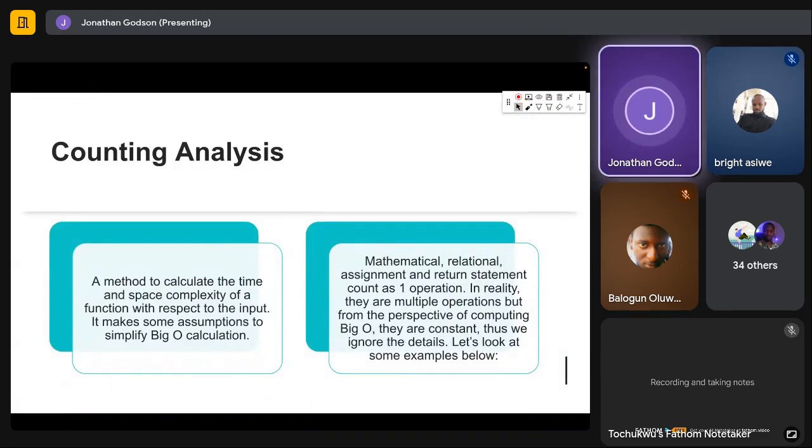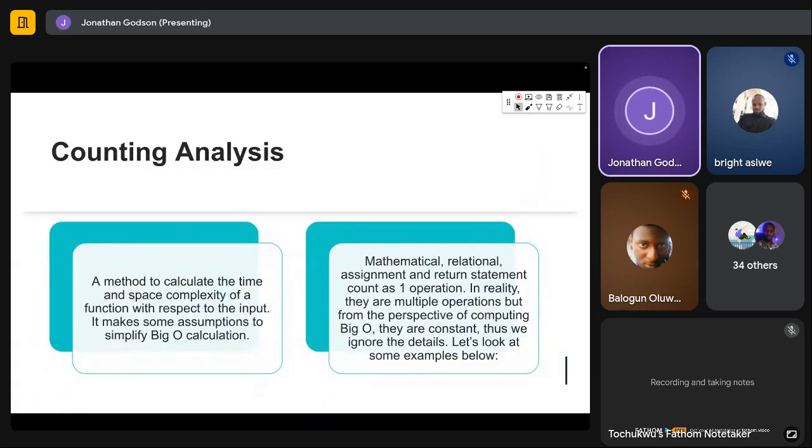So in doing the analysis, in computing the running time of an algorithm, there are some things I want us to have in the back of our mind. The way we want to go about it is to compute the running time of each line of an algorithm.